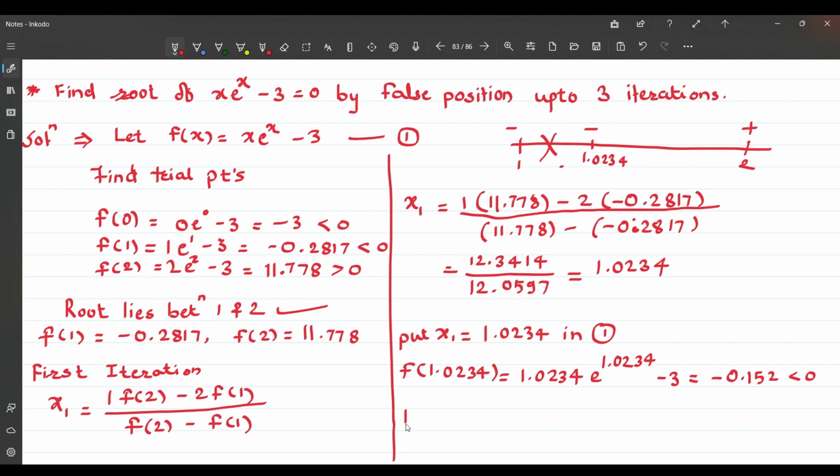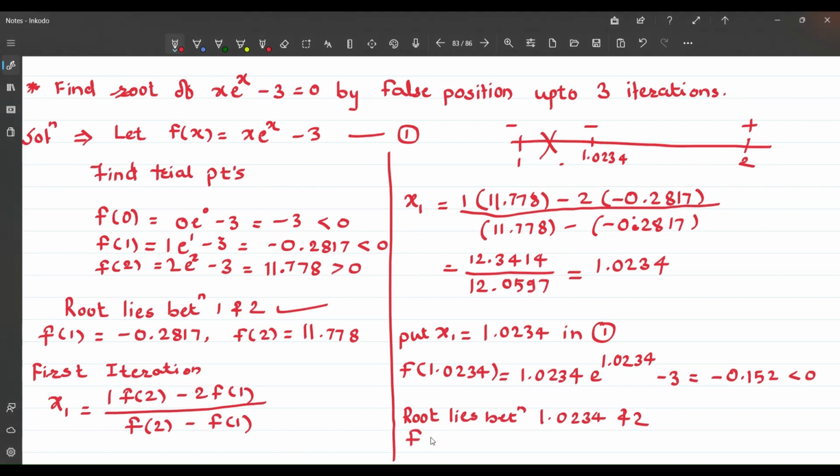So we'll write here that the root lies between 1.0234 and 2. Similarly, we need the values of the functions also. So f of 1.0234 is what we just solved, minus 0.152.